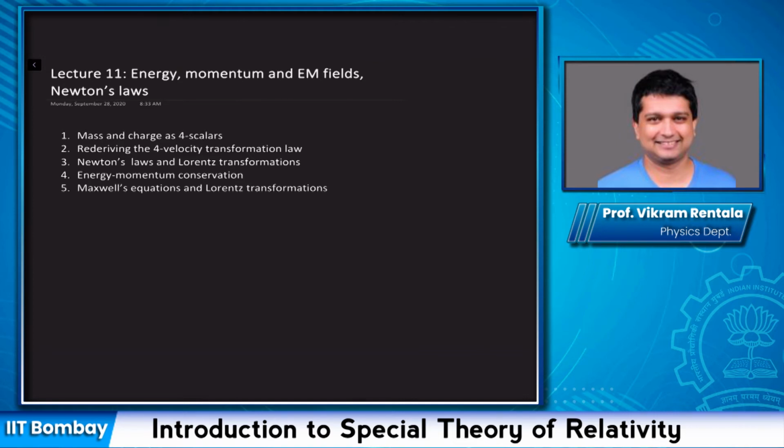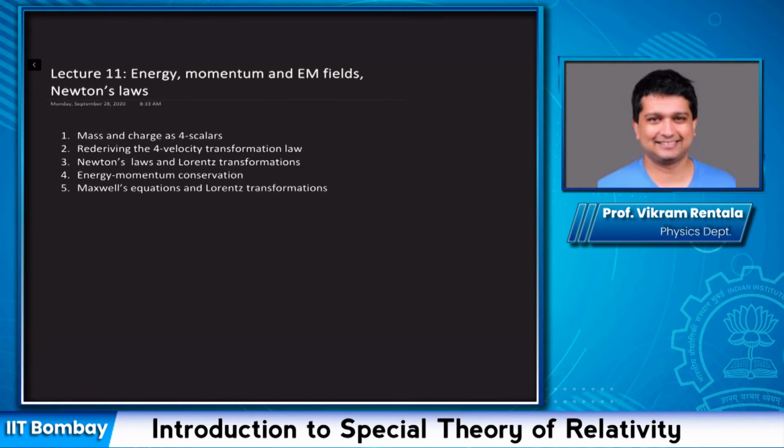So here's the plan for today. We'll start by talking about how the mass of particles and the charge of particles can be thought of as four scalars. That is, these are absolute quantities which all inertial observers agree upon, in the same way that they agree upon the lengths of space-time intervals.